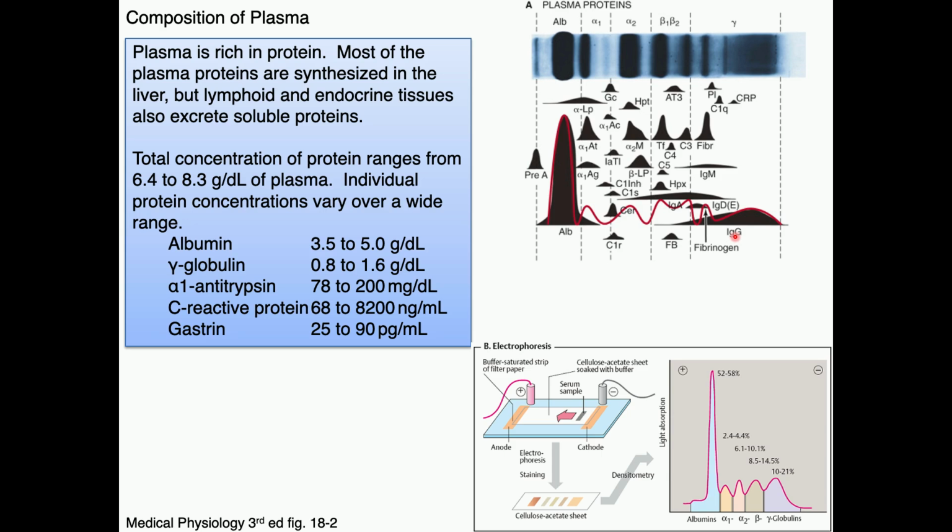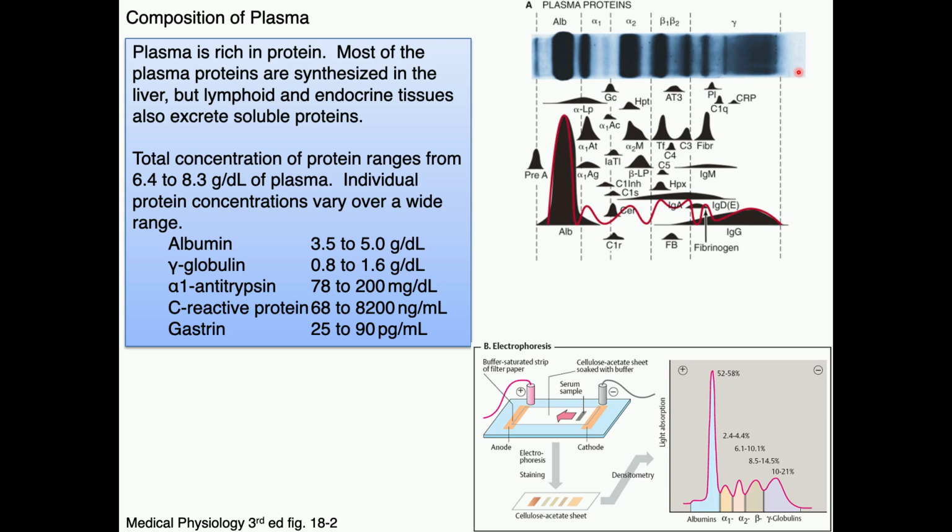Now, this diagram is showing a sample of plasma, right? So what would be the difference between the protein concentration in plasma versus serum? Well, what's the difference? In serum, it's clotted or coagulated, right?